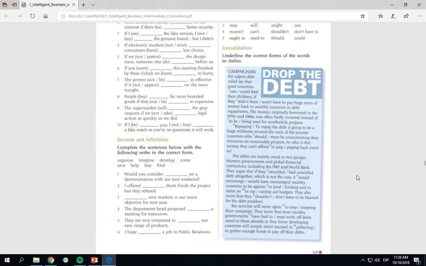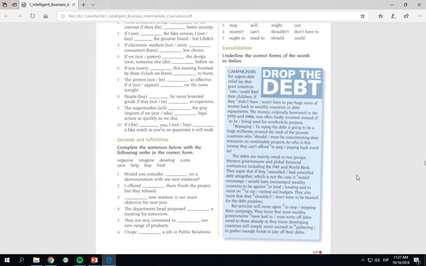Okay. Campaigners for urgent debt relief say that poor countries could feed their children if they didn't have to pay huge sums of money back to wealthy countries in debt repayments. The money, originally borrowed in the 1970s and 80s, was often badly invested instead of being used for worthwhile projects.